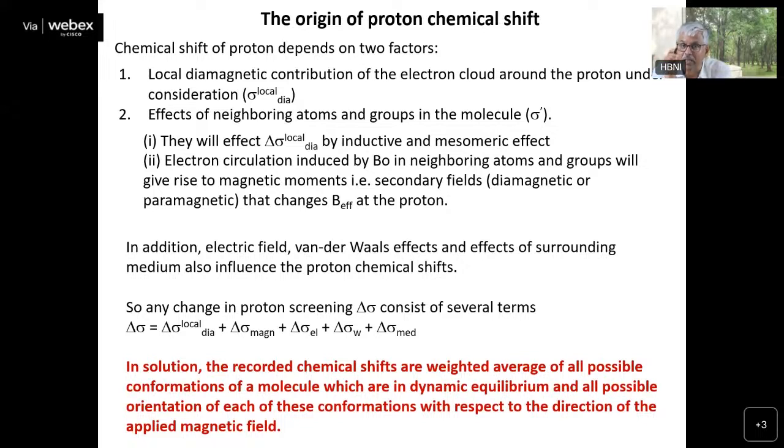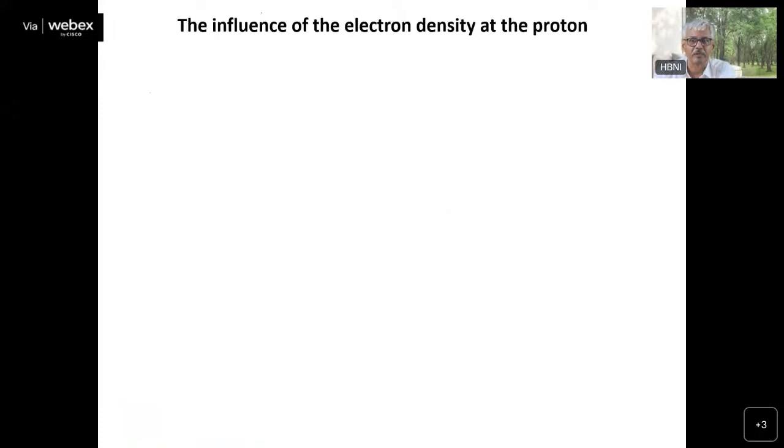We call it dynamic equilibrium because that part comes from the NMR time scale, which we will discuss later. For now, consider that these are very fast processes compared to the NMR time scale, along with all possible orientations of each conformation with respect to the direction of the applied magnetic field. So the summary is that in solution we see the average spectrum.